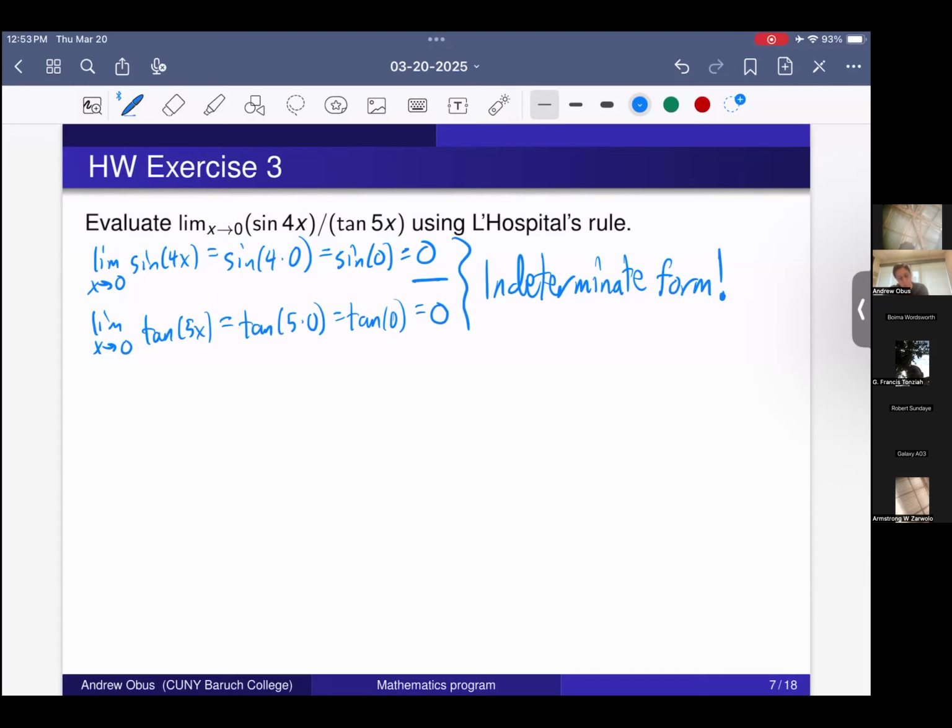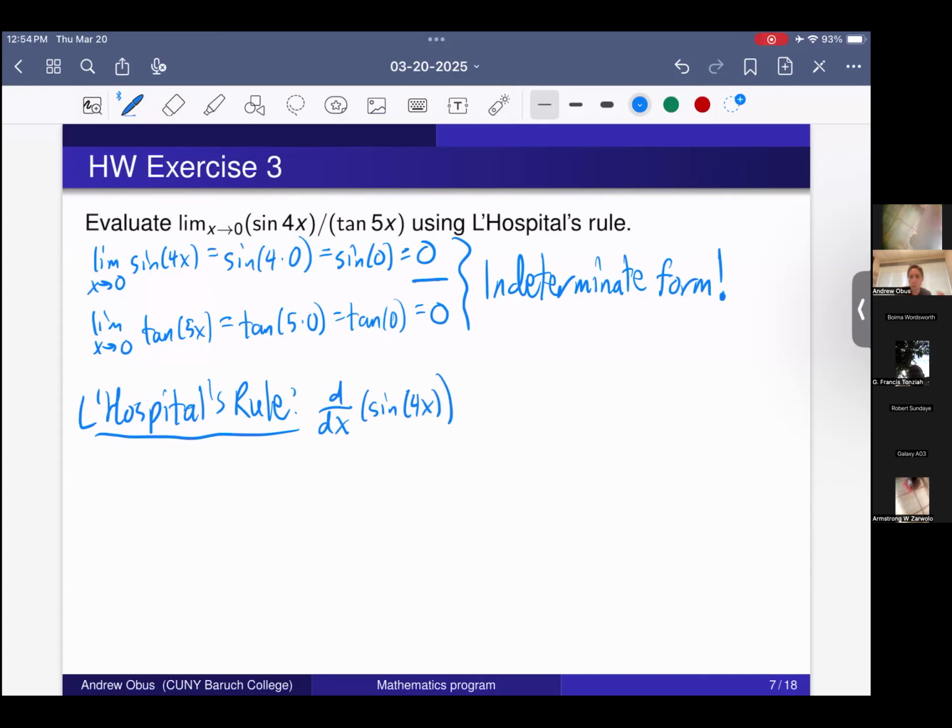So we use L'Hopital's rule. What happens, we just take the derivative of the top and the derivative of the bottom. So we need to take the derivative of sine of 4x.